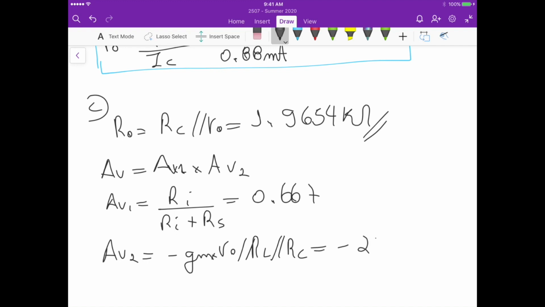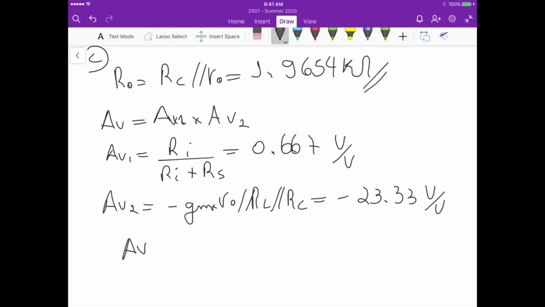And this is minus 23.33 volt per volt. So the overall voltage gain is just AV1 times AV2, which is minus 15.55 volt per volt. Okay, so that's it for this problem.